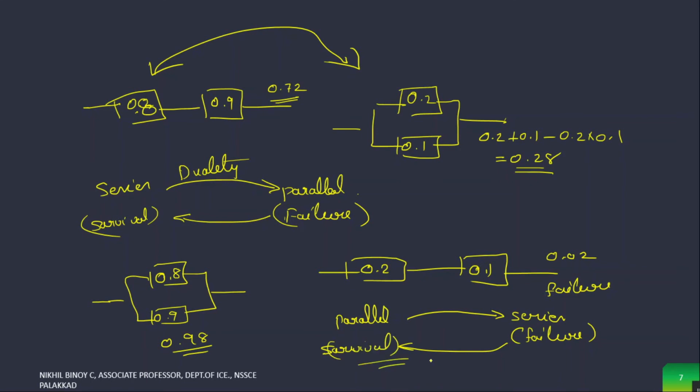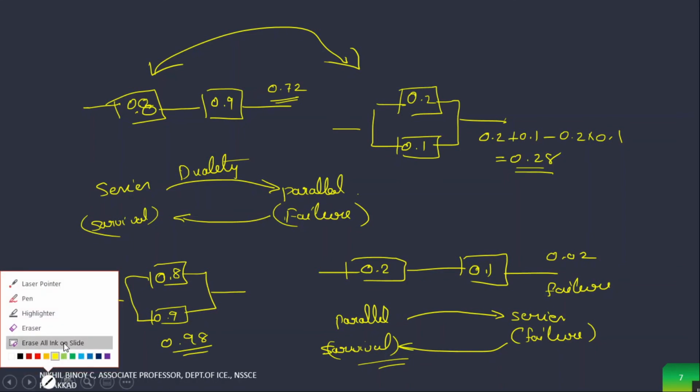Is it okay? So we have an advantage. If we know one configuration, we can apply another one. For example, if you have this configuration, then what we can do?